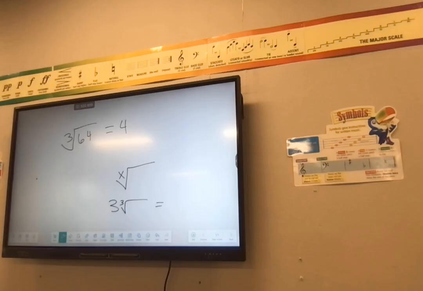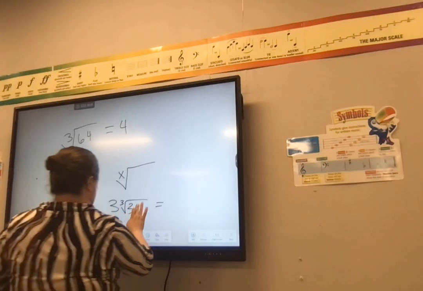Yay! So you hit 3, and then you see it right here with the x. 3 is what we want to put where the x is. So cube root, and then you type in 64 and hit enter. Now do the next one, which is the cube root of 343.